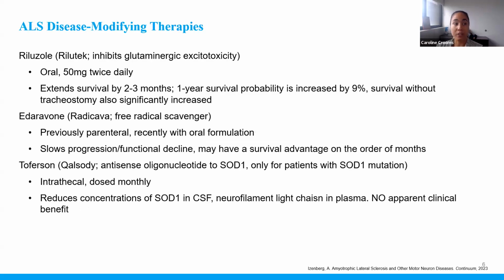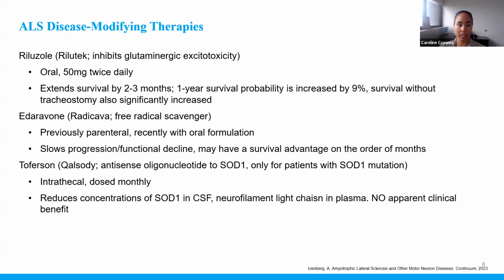Unfortunately, there are very few disease-modifying therapies in ALS, and none of them have a huge survival benefit or functional benefit, but we have people take them nonetheless. So riluzole is probably the most common one and the oldest. It inhibits glutamatergic excitotoxicity.